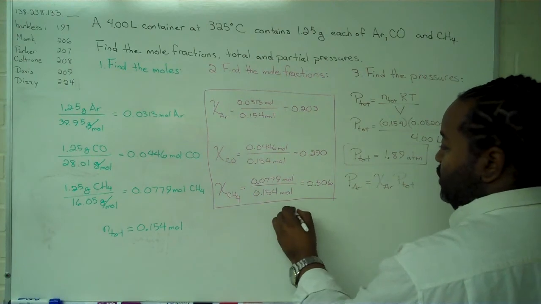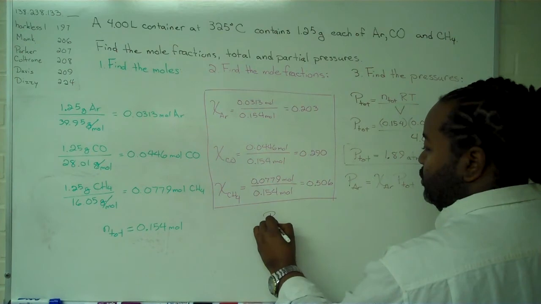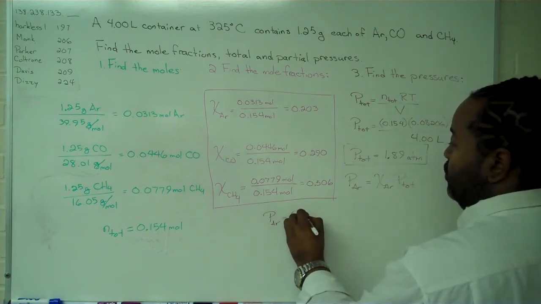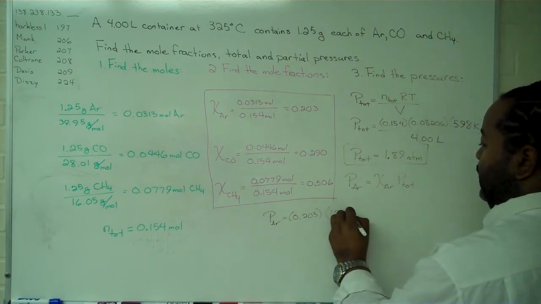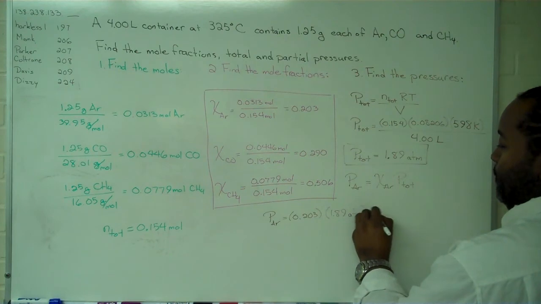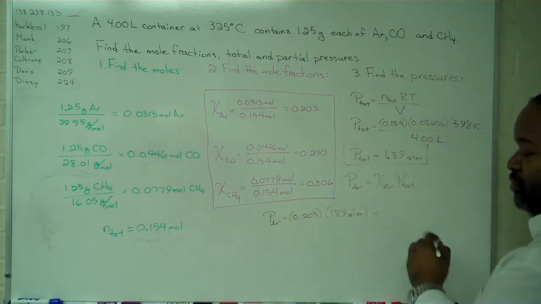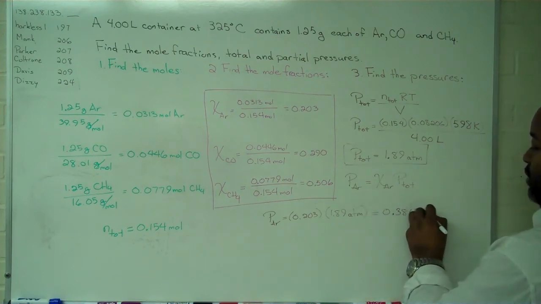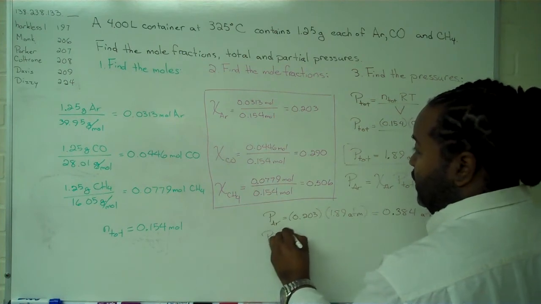So, stepping through this, we find that the partial pressure for argon is going to be 0.203 times the 1.89 atmospheres. And when we multiply that through, we get a value of 0.384 atmospheres.